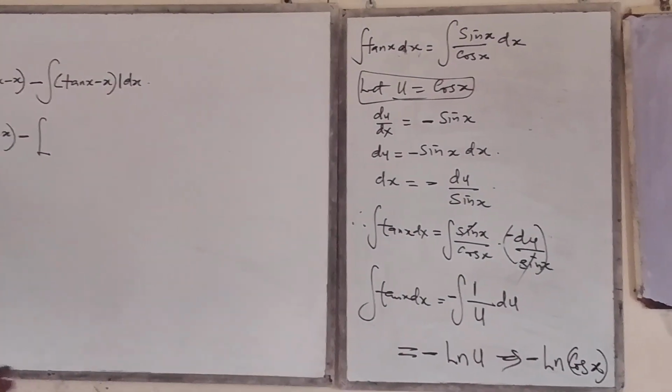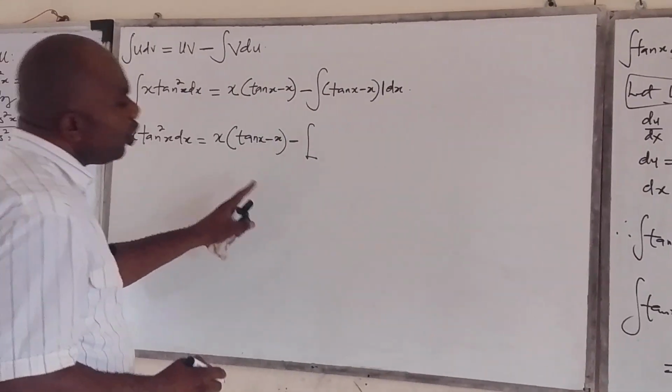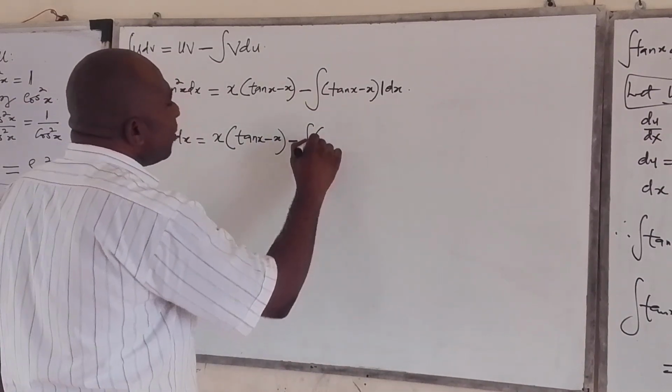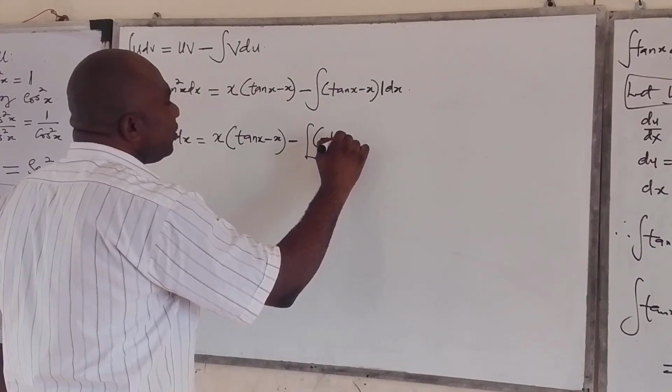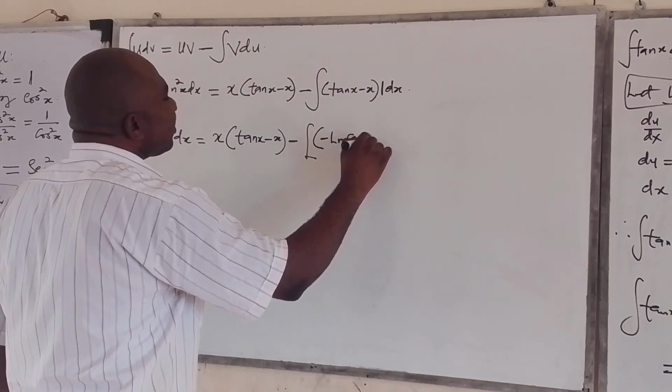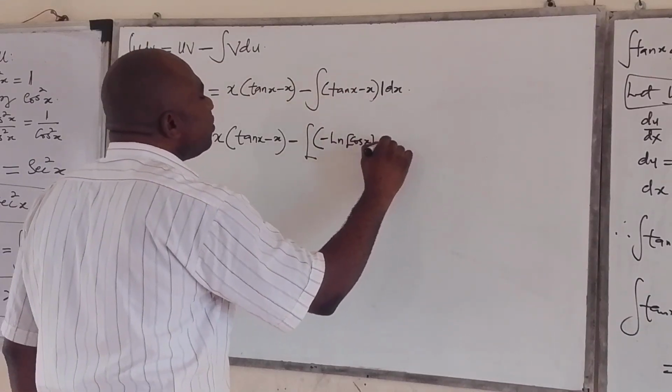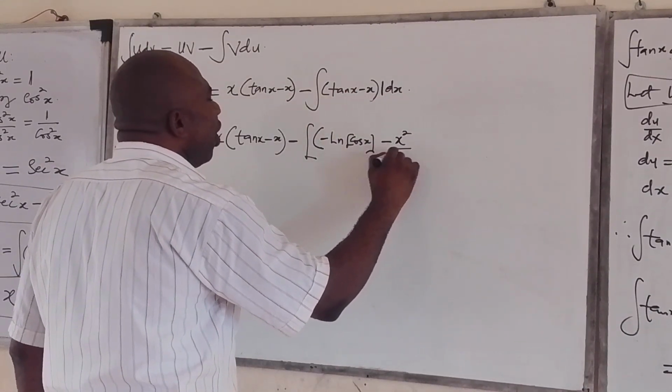Coming back here, the integral of x here will be minus ln cos x. Then when you integrate minus x, it becomes minus x squared over 2.